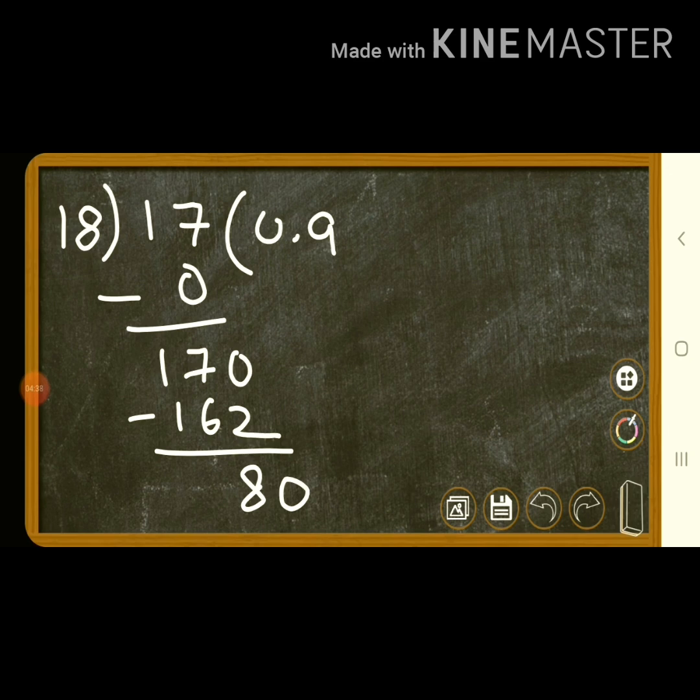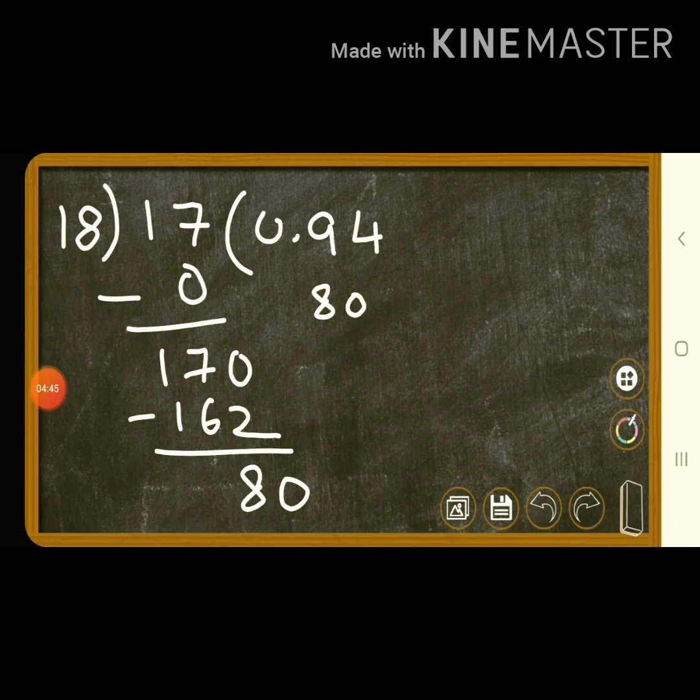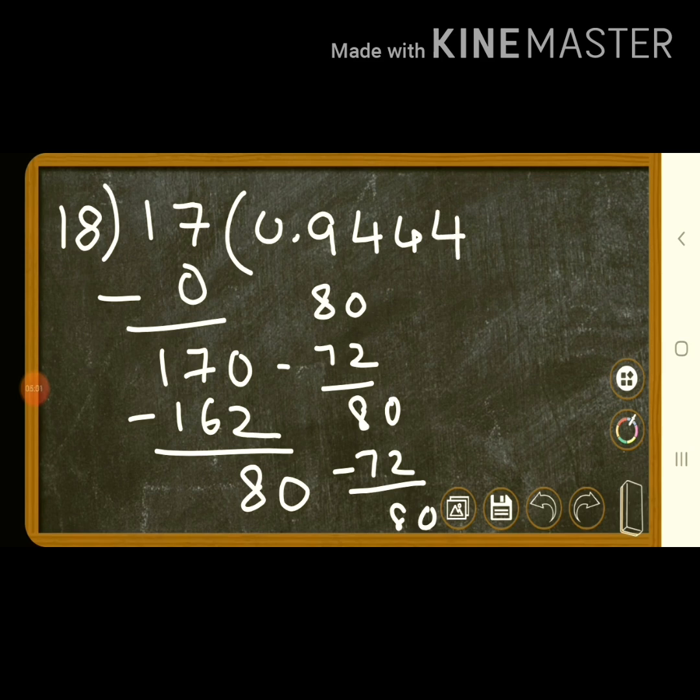Put another 0. 18 fours. Let me continue it here. 18 fours are 72. Remainder is 8 again. Put 0. 18 fours are 72. Again the remainder is 8. Put another 0. And 18 fours are 72 again.